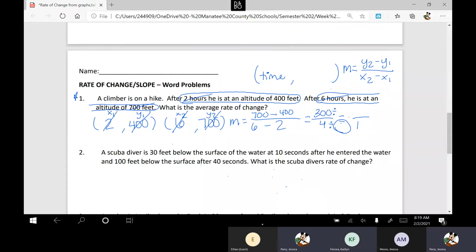Yep, we're going to divide top and bottom by 4. So on bottom, I have the 4 divided by 4 is 1. Now we just need to do, what is 300 divided by 4? You can turn your microphone on or type it in the chat. 300 divided by 4.